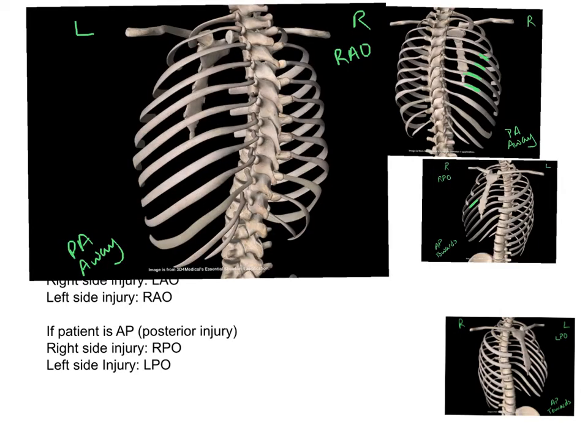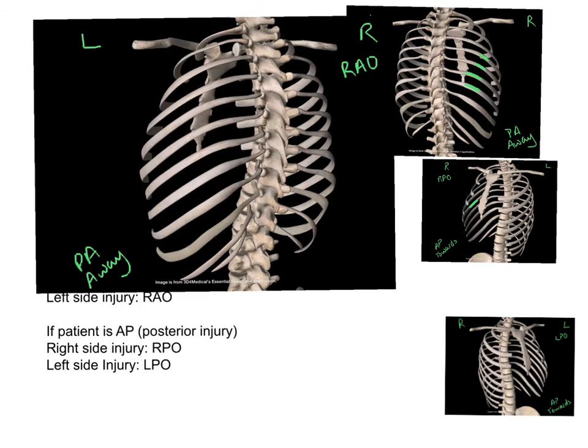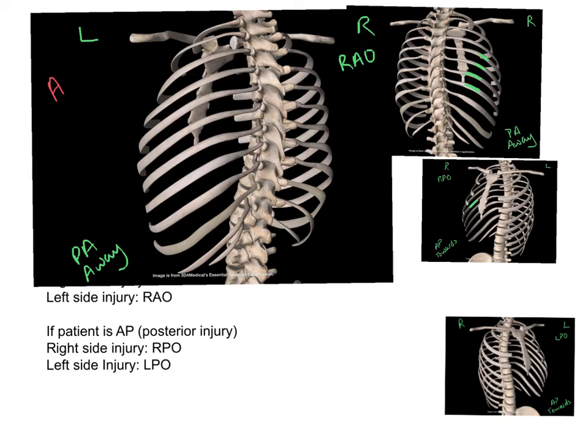Likewise, I've pulled up the RAO position here. If we are doing anterior ribs of the left side, which would be these guys here, okay, we want to get our spinous processes out of the way.